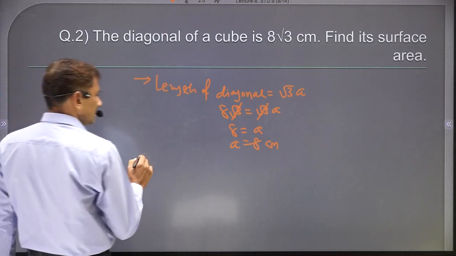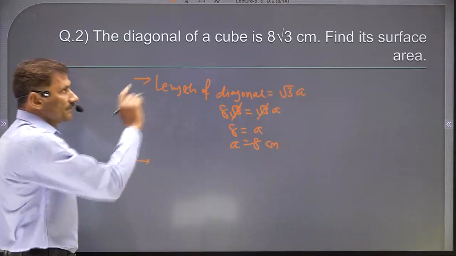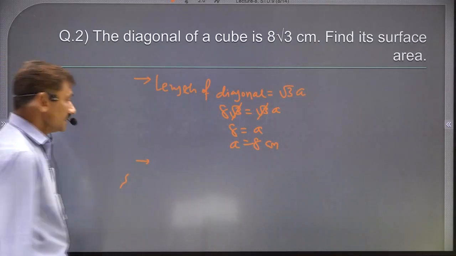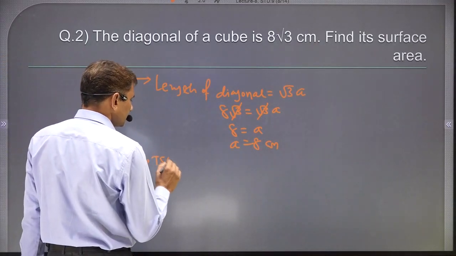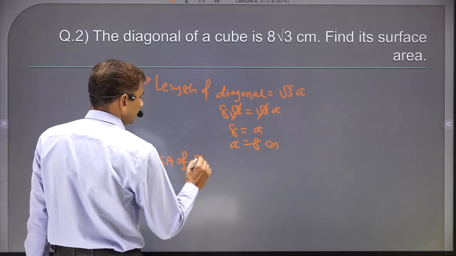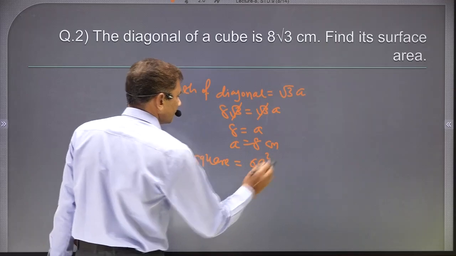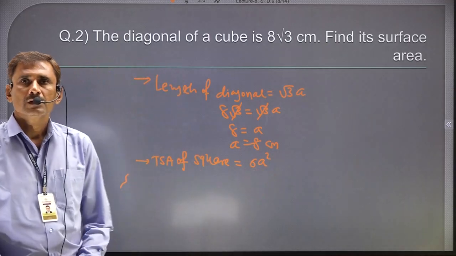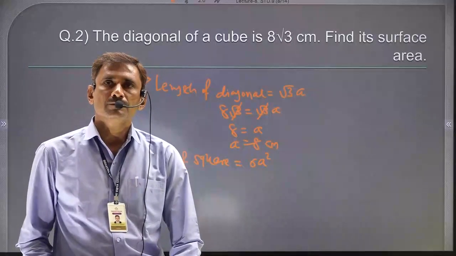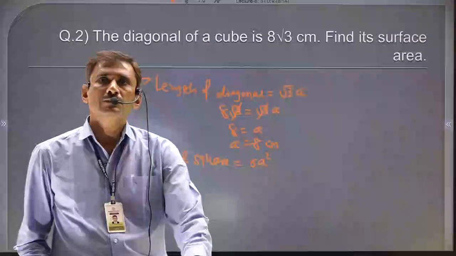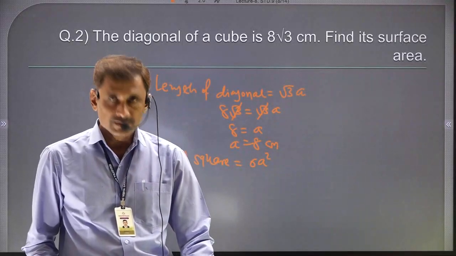Now you can use it in the second step, whatever is asked. Surface area means TSA. So TSA of cube is equal to 6a square, that you know. Now you can place the value 8 in place of a.